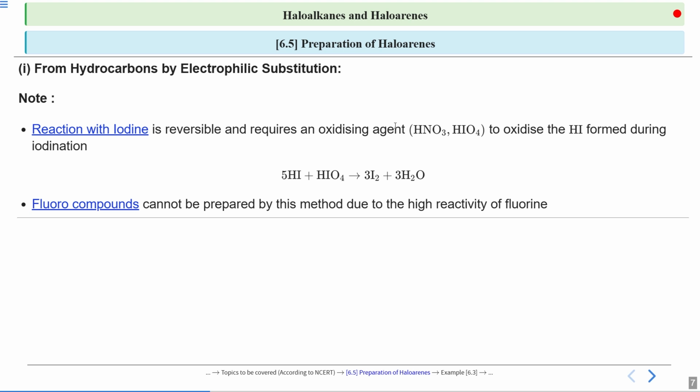So you will get iodo substituted benzene, and chloro substituted benzene and bromo substituted benzene you can also prepare through this electrophilic substitution, right? But the fluorocompounds cannot be prepared through this method because fluorine has high reactivity. It can't bind with the benzene ring to give us fluorobenzene.